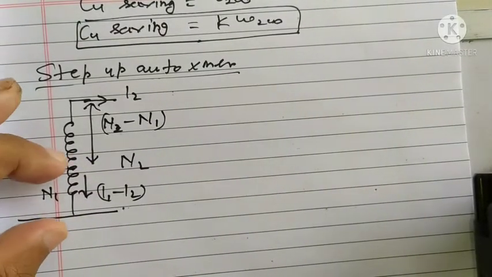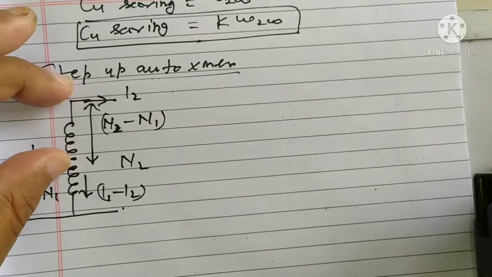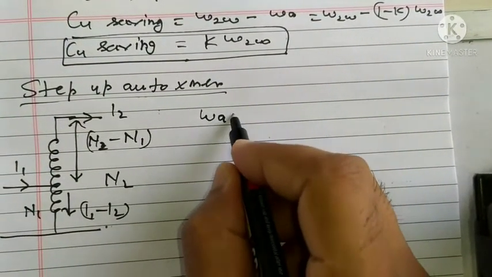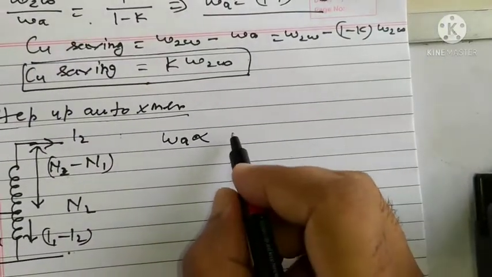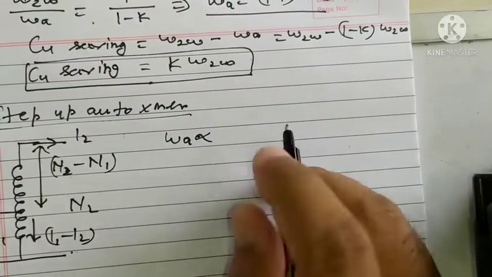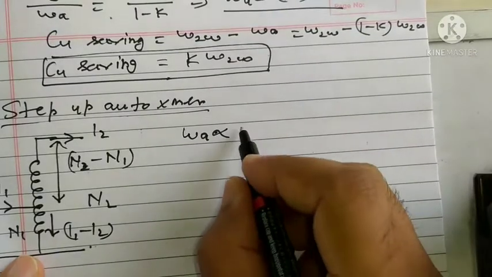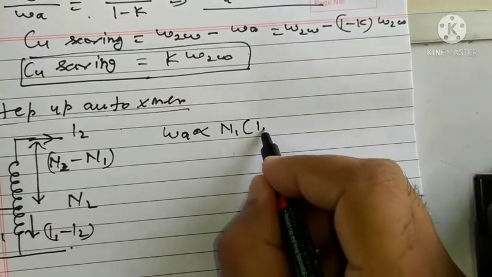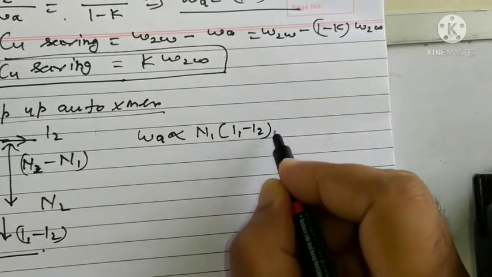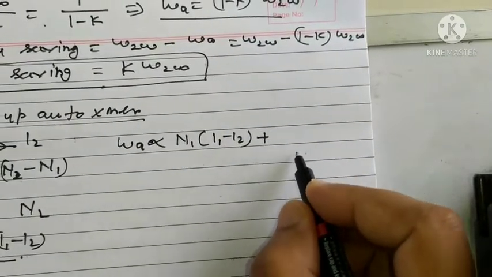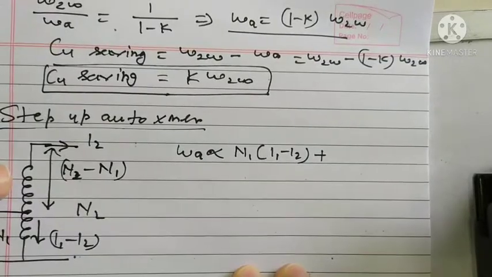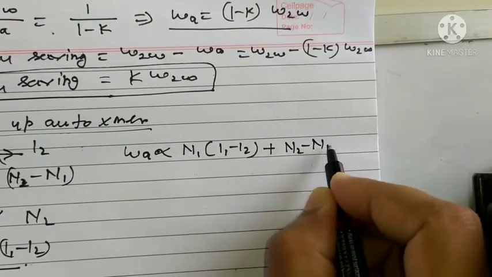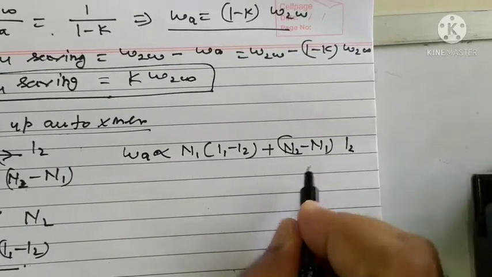So MMF of this portion plus MMF of this portion will be total MMF. So W auto will be directly proportional to N1 into current in this section, that is I1 minus I2, plus this winding, so that is N2 minus N1 into I2.